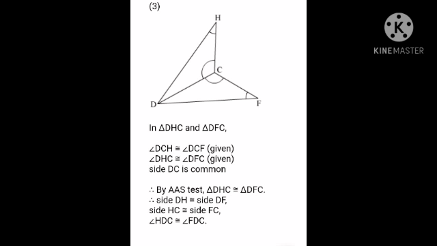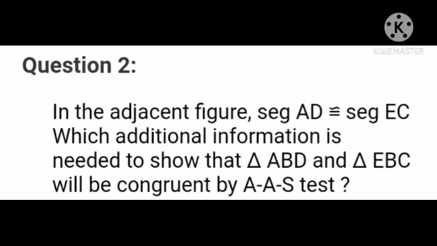Now the remaining congruent parts are: side DH congruent to side DF and side HC congruent to side FC. Angle HDC is congruent to angle FDC. This is the answer.